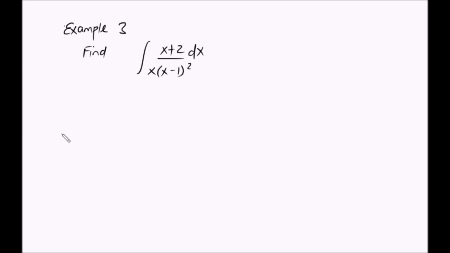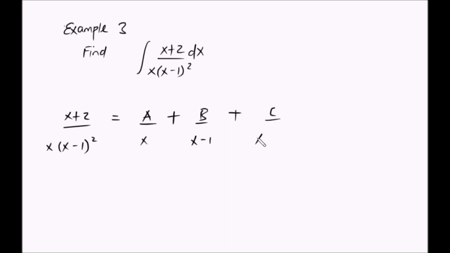So how do we partialize this one now? We want to partialize it: for the non-repeating factor as usual, and then the repeating one as we did in the previous examples. So this is how you partialize it.